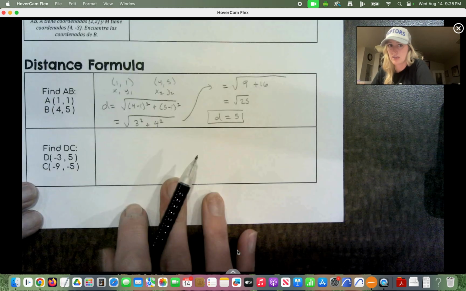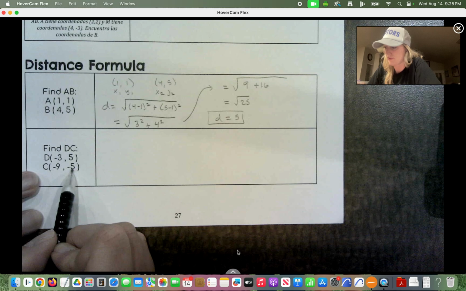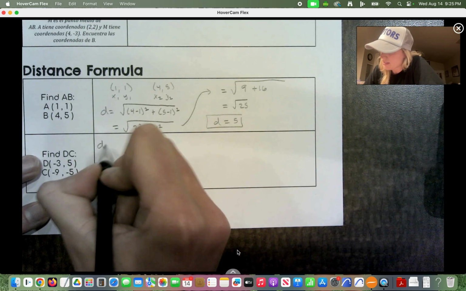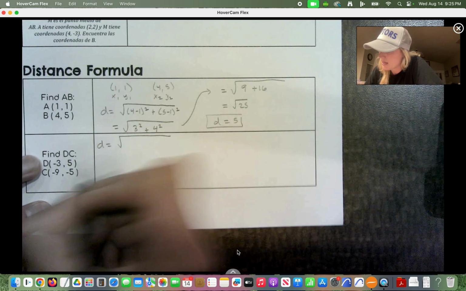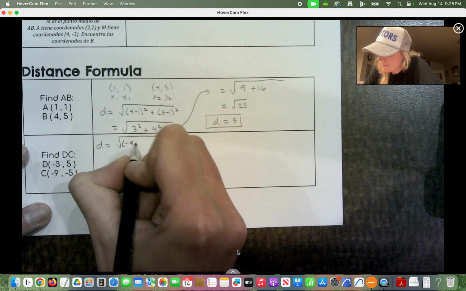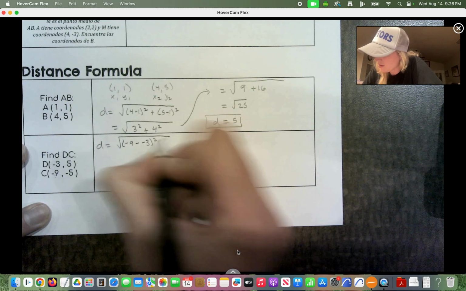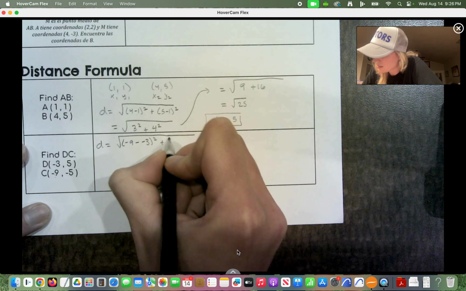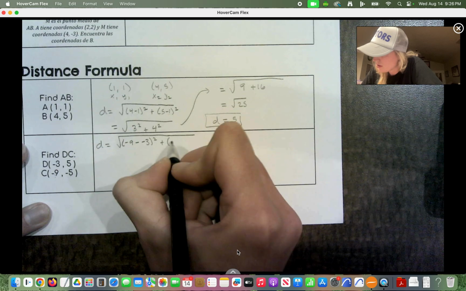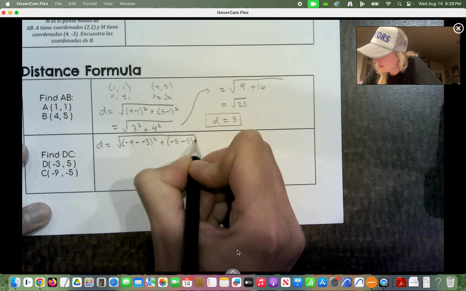Same thing. So I'm going to call this one my x1, y1, x2, y2. All right, so we've got our distance equals the square root of x2 minus x1. So we got negative 9 minus x1, which is negative 3, squared, plus y2 minus y1 squared.